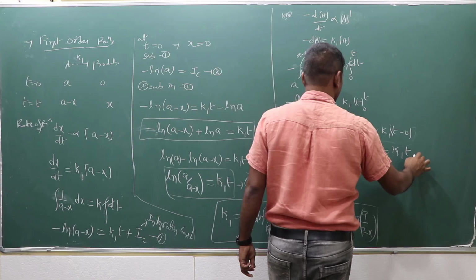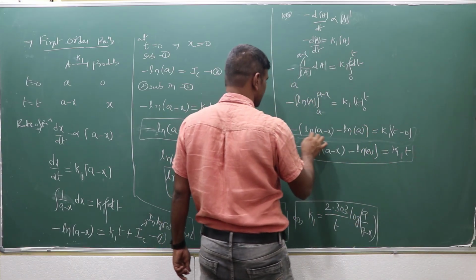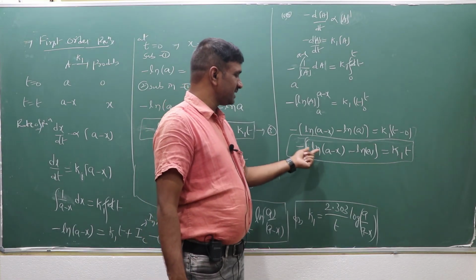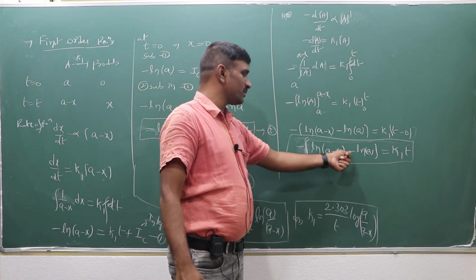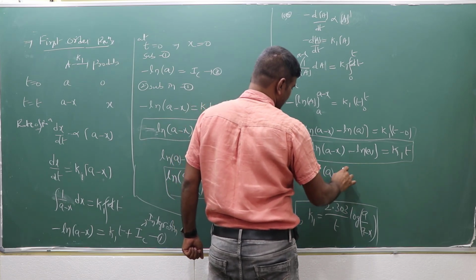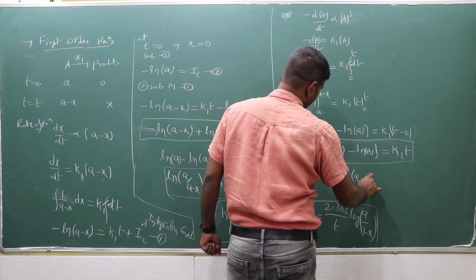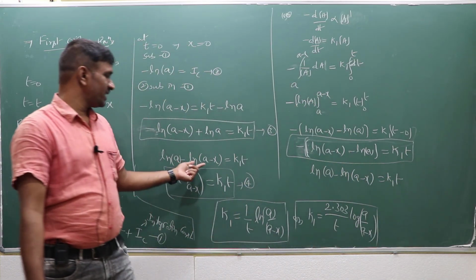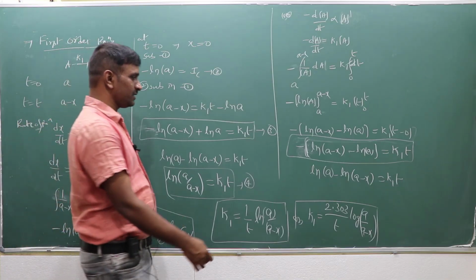This is one specific equation. Or, when multiplication takes place, minus into minus is plus, this will be written as ln a minus ln a minus x is equal to k1 into t.